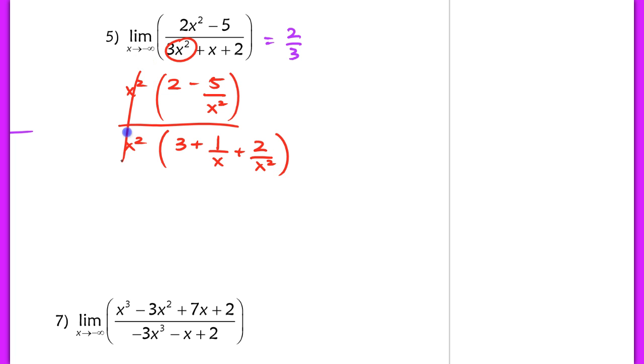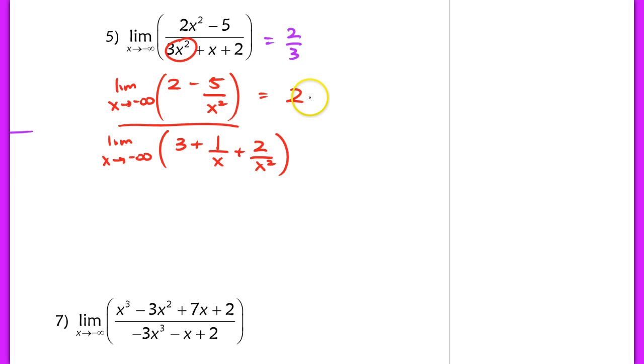All right, now those will cancel out, so I'm going to just get rid of those. I want to evaluate the limit as x approaches negative infinity for both the numerator and the denominator. The limit of the numerator is going to be 2, and the reason is because the limit of a constant is the constant. And then we have the limit of negative 5 over x squared. If x gets really, really big but negative, then that value gets closer and closer to 0.